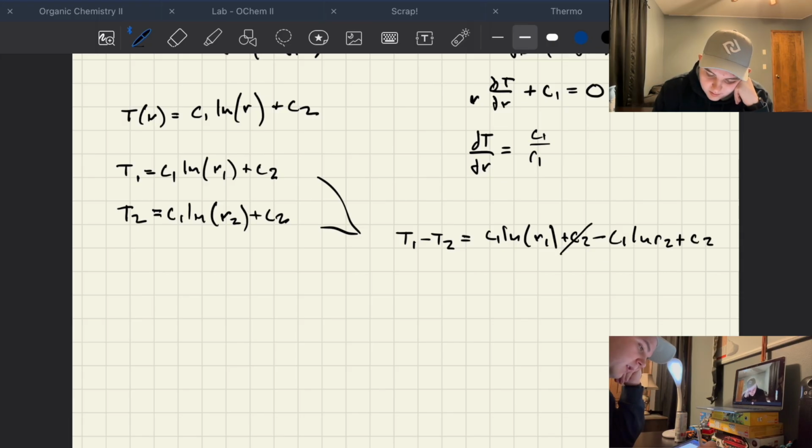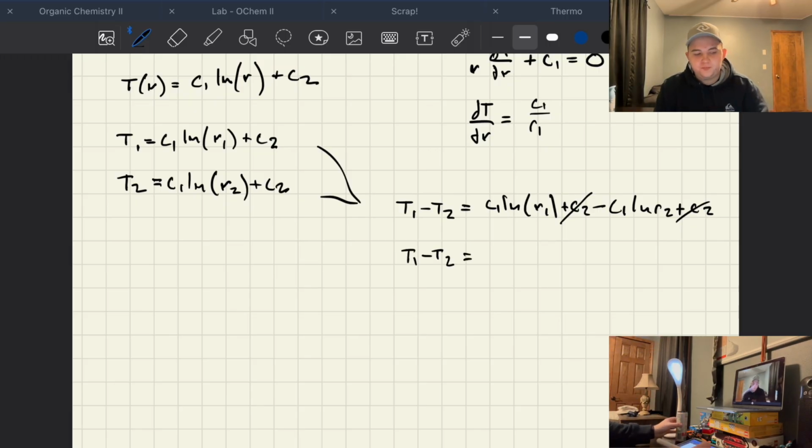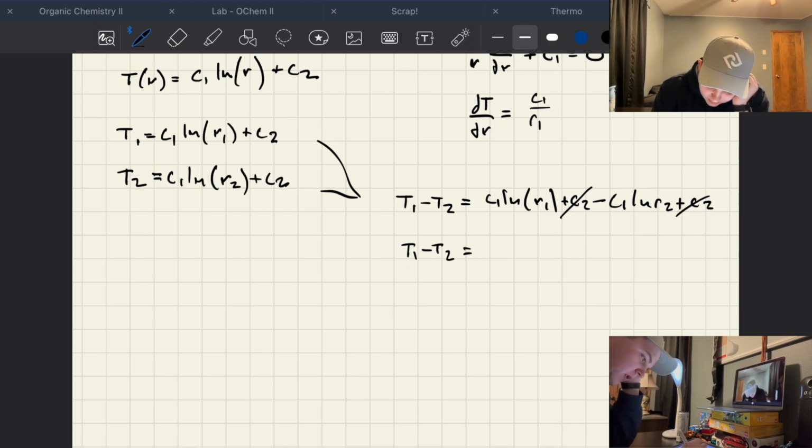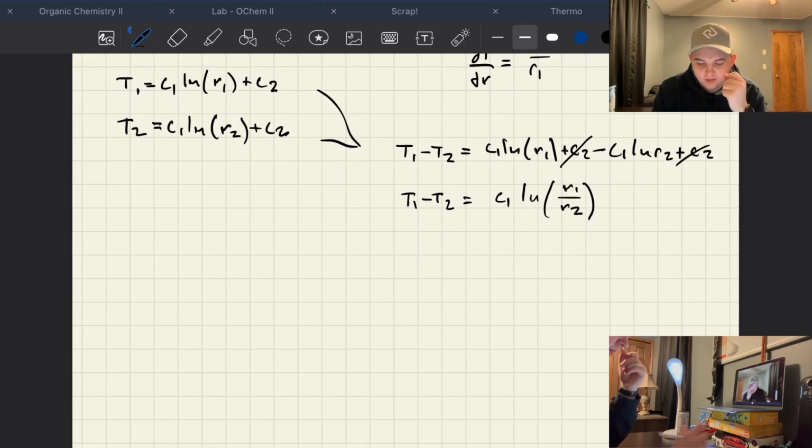And then you can see these will cancel. So we'll be left with T1 minus T2 is equal to C1, and then we'll use one of our logarithm rules here, because the C1 is just in front of our combined logarithm.